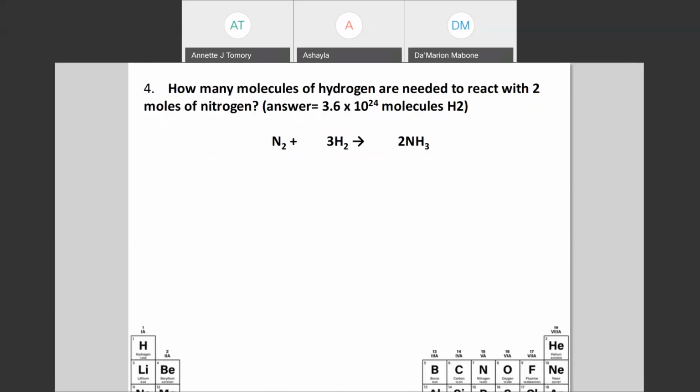All right. How many molecules of hydrogen are needed to react with 2 moles of nitrogen? So how am I going to set out my plan here? Where's my X? Where's my 2 going to go?